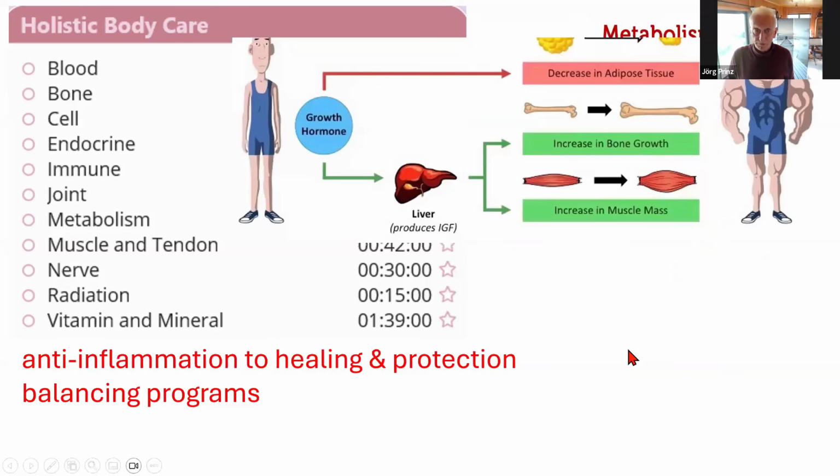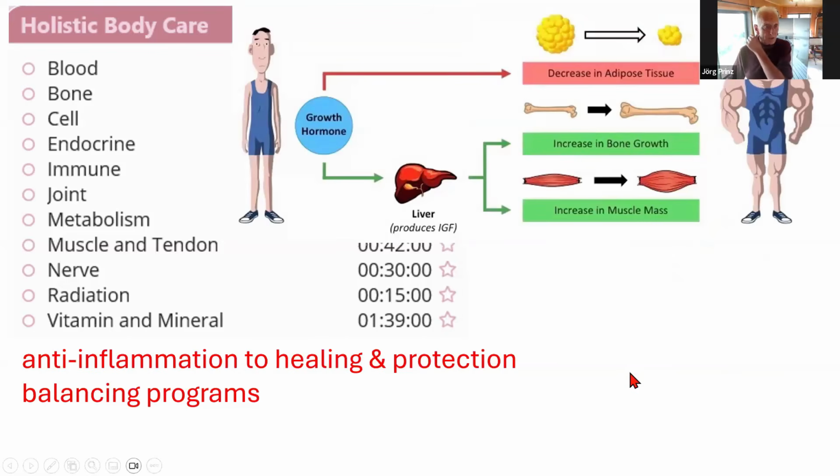Muscle and tendon refers to the growth hormone, basically, which not only grows muscles and bones, but it also helps to decrease adipose tissue.